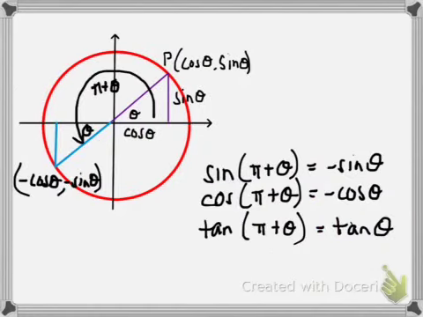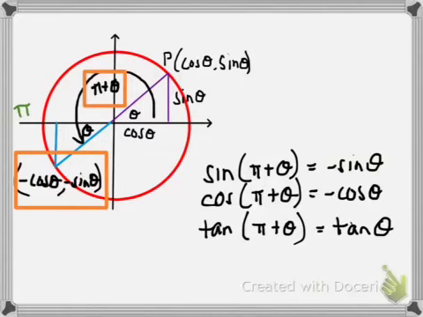Now let's look into the third quadrant. This time our angle is pi plus theta. So it's pi, which is around to here, plus theta. Here are our coordinates for pi plus theta, the blue triangle that I've drawn there. This time, if we look at our value of cosine theta, once again we're in a negative direction, so it's negative cosine theta.